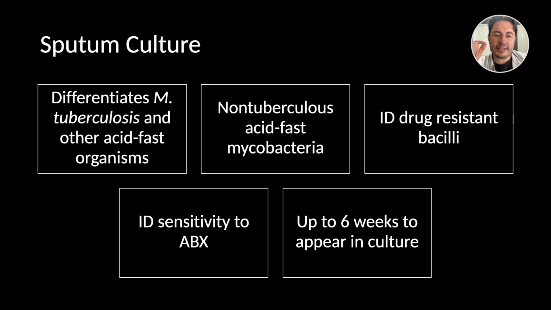So the downside to this is it can take up to 6 weeks for colonies to appear in this culture. So it doesn't always give us a real quick understanding of what's going on and getting the patient on the right antibiotics, but we can still use it, because the sooner I know, the sooner I can make recommendations to get the patient on the right therapeutics.